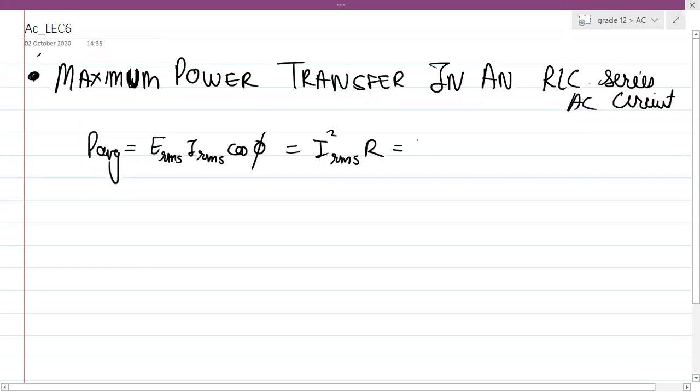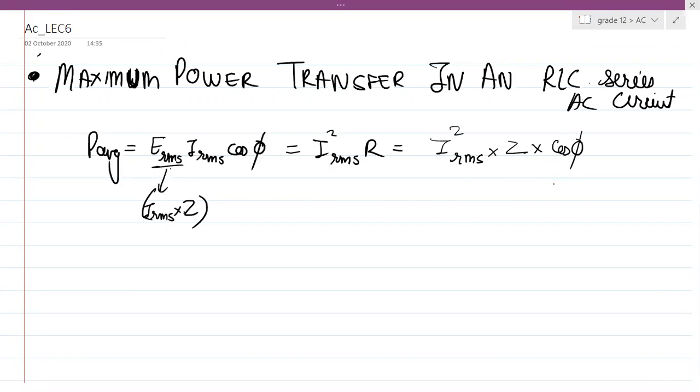If I want to write in terms of Z, let cos phi be as it is, and I can write ERMS as IRMS into Z, right? So this IRMS and this IRMS will get multiplied. It will become I square RMS into Z into cos phi.